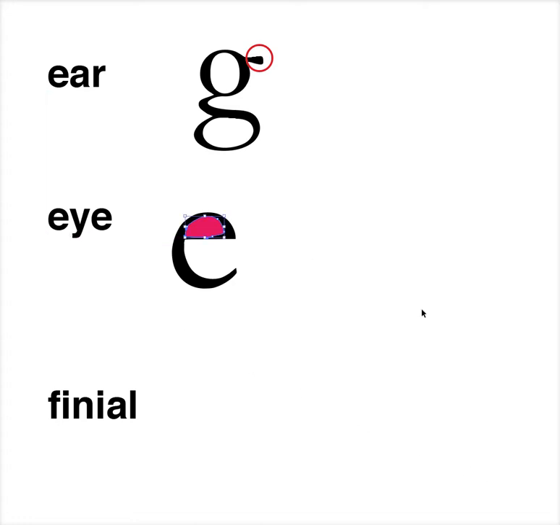So actually it's acceptable that you consider that a counter space as well. And actually an e has an open counter space as well. But you'll find a lot of sources that say that that is considered the eye.